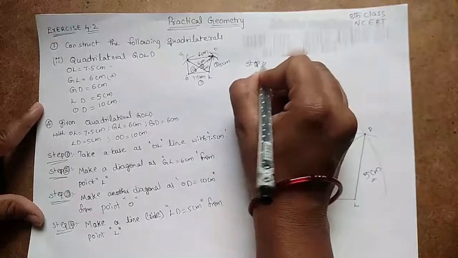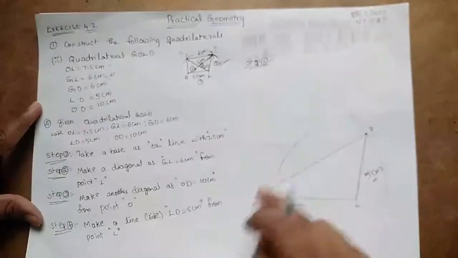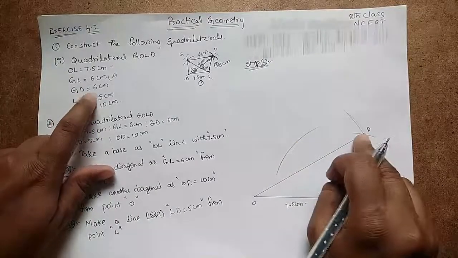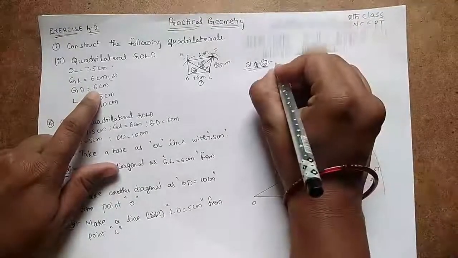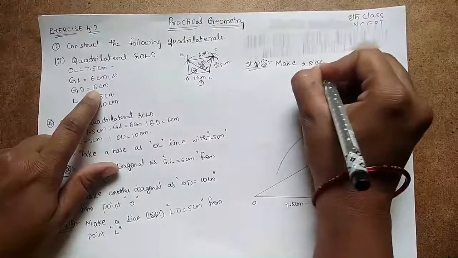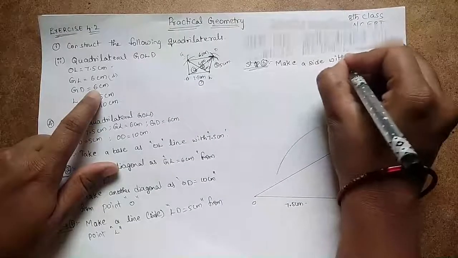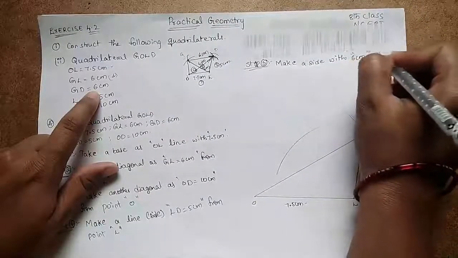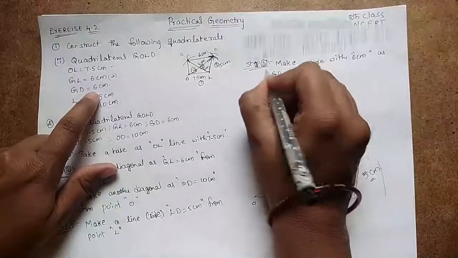Step 6, we have to make another side. From D we have GD, so make a side with 6 centimeters as GD.